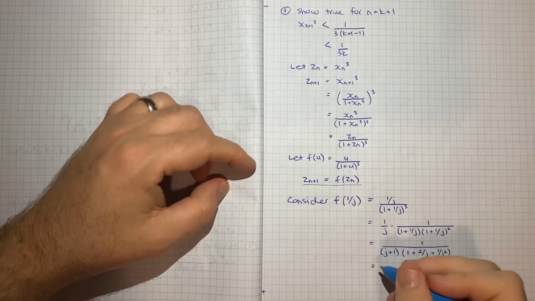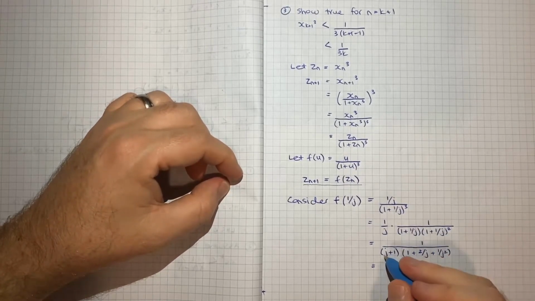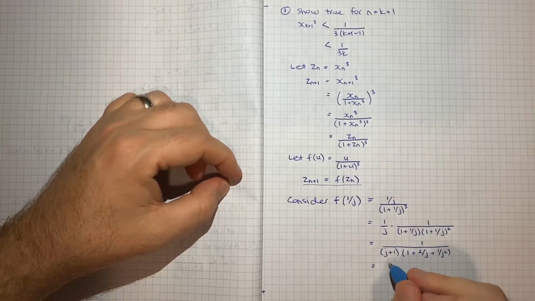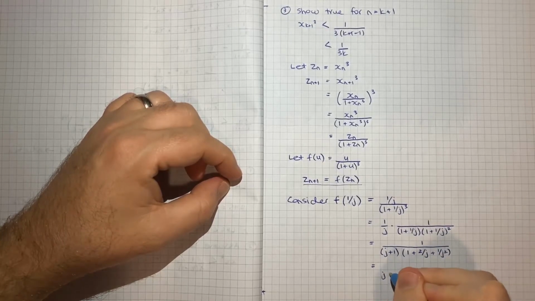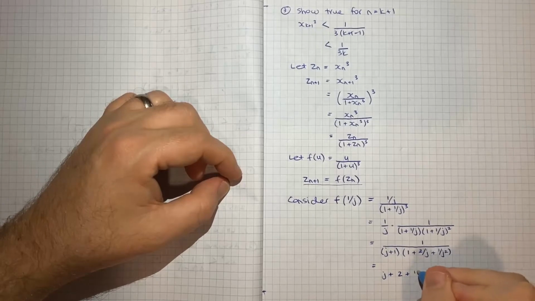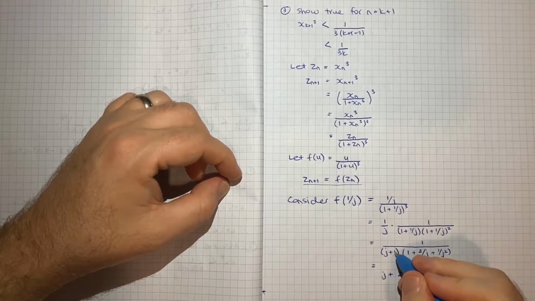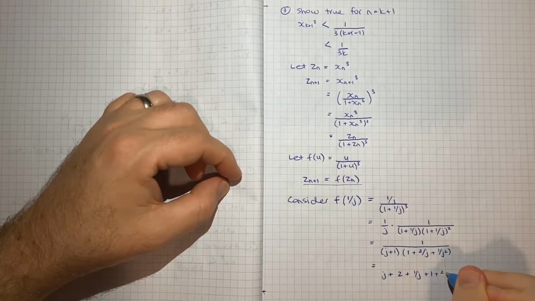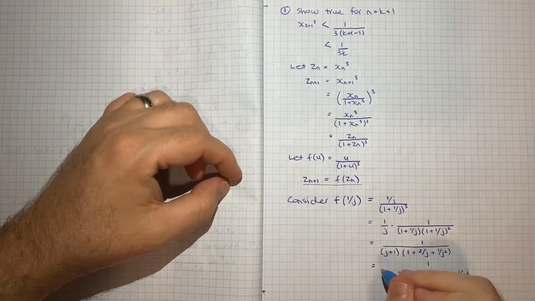Now if I expand this again, we'd get 1 over j plus 2 plus 1 on j plus 1 plus 2 on j plus 1 on j squared, so 1 over all that.